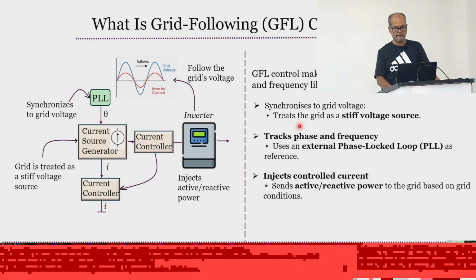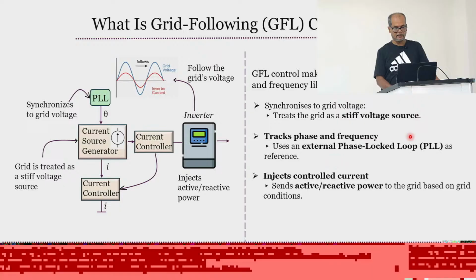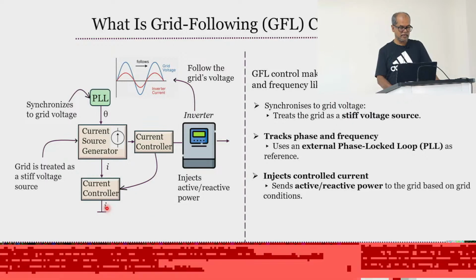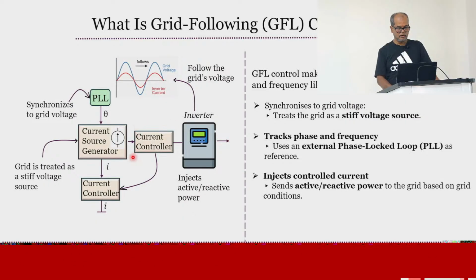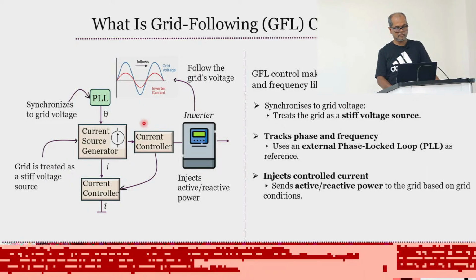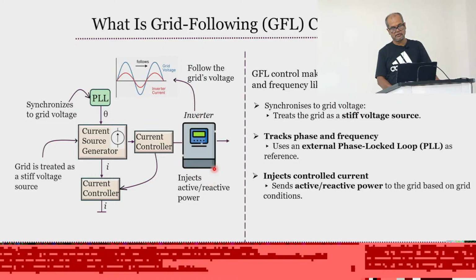It tracks voltage and frequency, and whatever reference you get from the PLL, along with whatever current controller we use, using that theta it produces the control signal for the inverter.